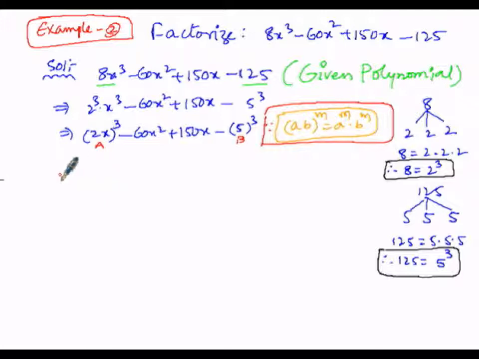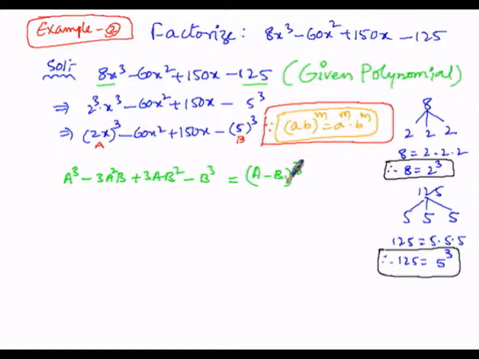So here a minus b whole cube equals a cube minus 3a square b plus 3ab square minus b cube, that equals a minus b whole cube.